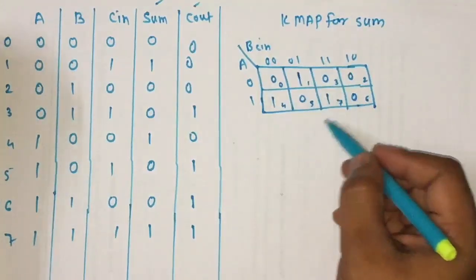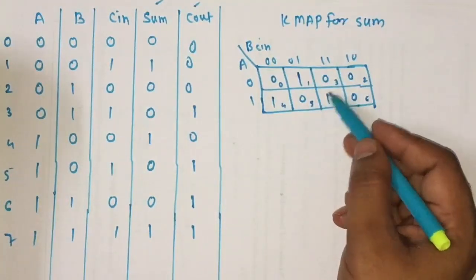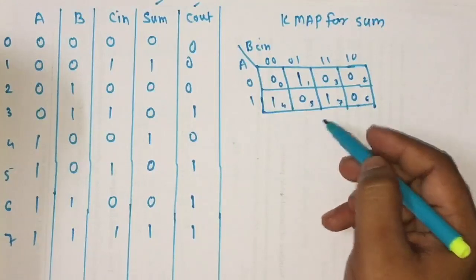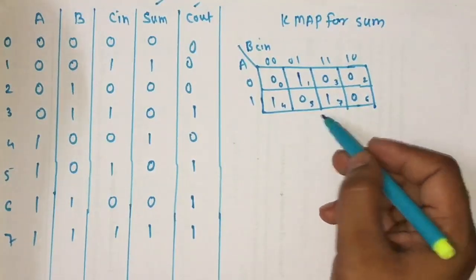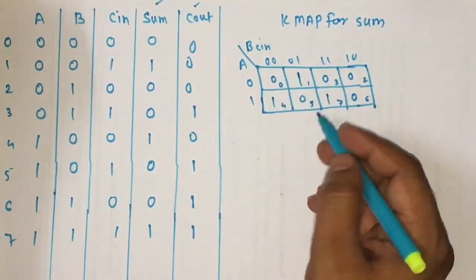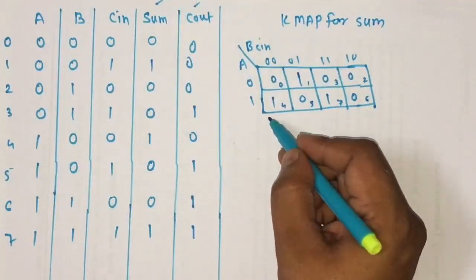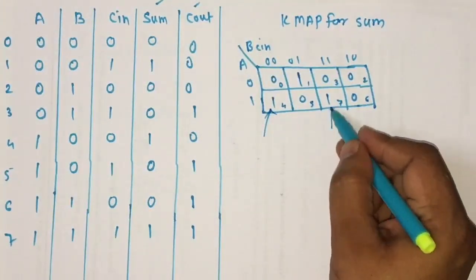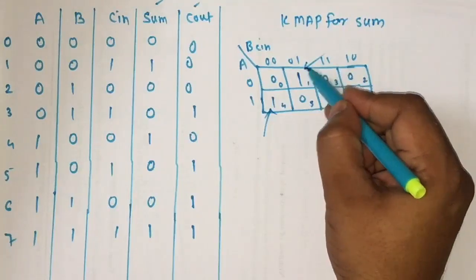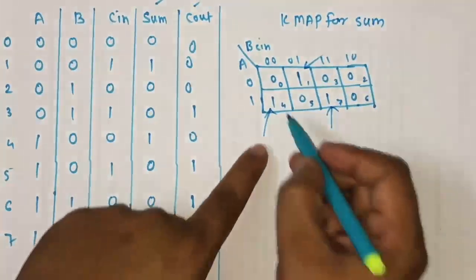If you look at this K-map, there is no possibility of grouping, so we will write the equation for these single ones.